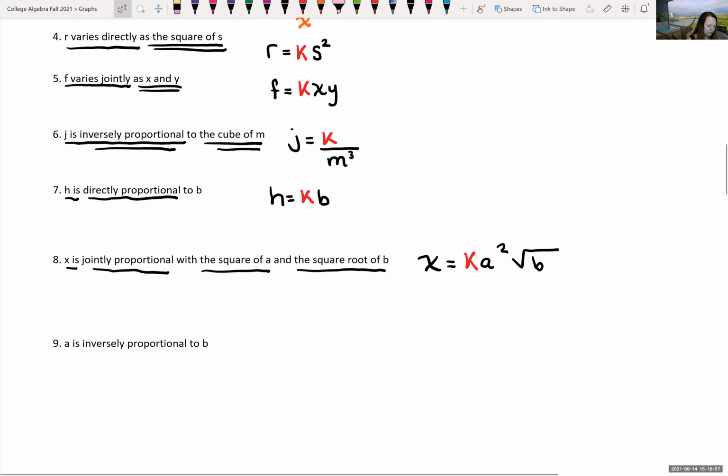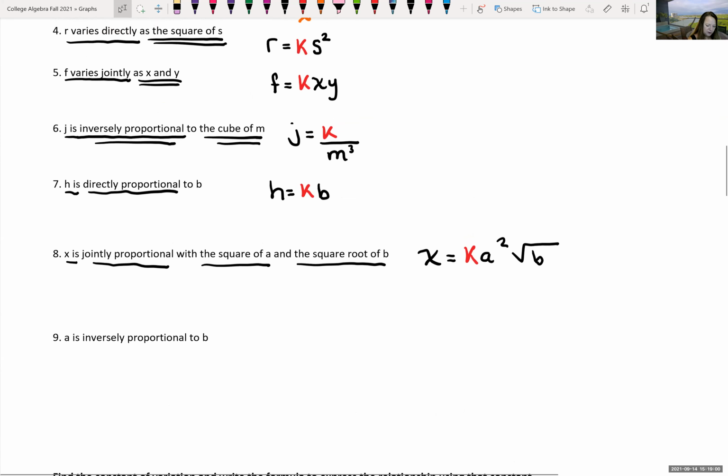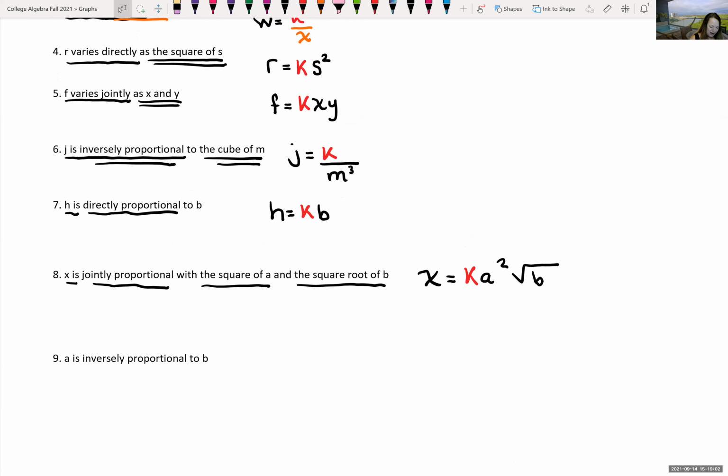Oops, I thought I was done, but there is one more. A is inversely proportional to B. So A equals, always have that K value, inversely proportional, so I'm going to go K all over B.